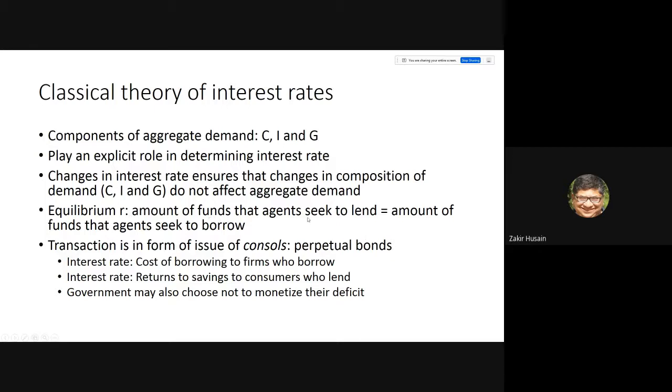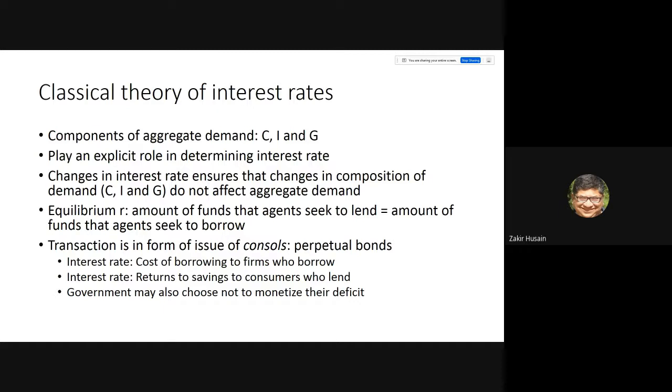One group of agents seek to lend, and there's another group of agents who seek to borrow. So you are lending and I'm borrowing from you. And if the amount that you want to lend and the amount that I want to borrow are equal, we have equilibrium in the investment market. The function of interest rate is to ensure that the demand and supply sides of funds are equal.